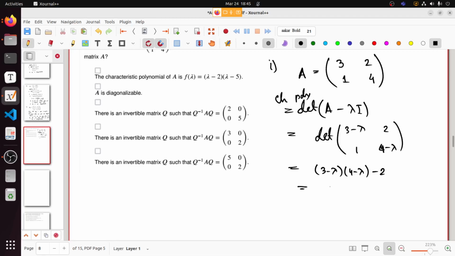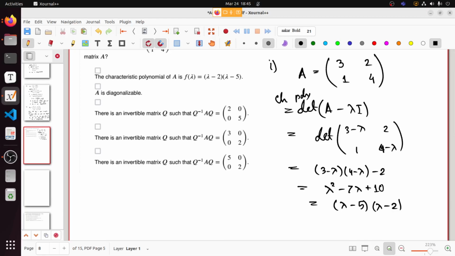If you simplify this, you will get lambda square minus 7 lambda plus 10. So this can be written as (lambda minus 5)(lambda minus 2).